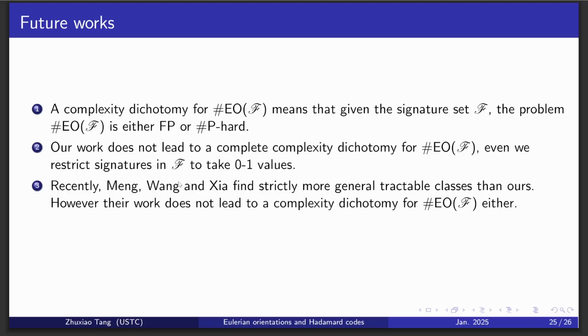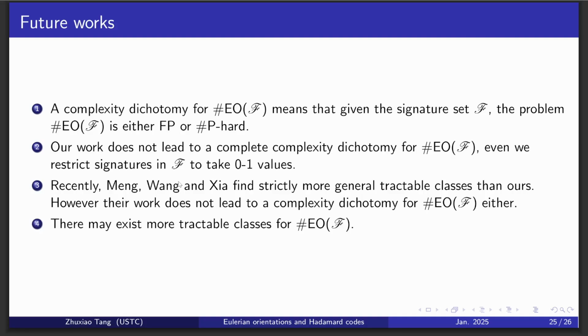Recently, Meng, Wang, and Xia found strictly more general tractable classes than ours. However, their work does not lead to a complexity dichotomy for counting EOF either. So we guess there might exist more tractable classes for EOF. And that's the obstacle to establishing a complexity dichotomy for counting EOF.